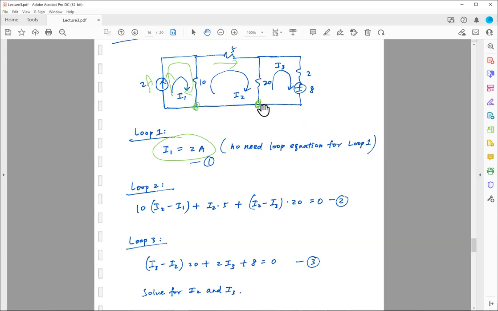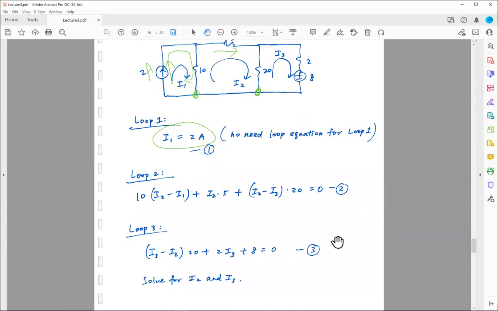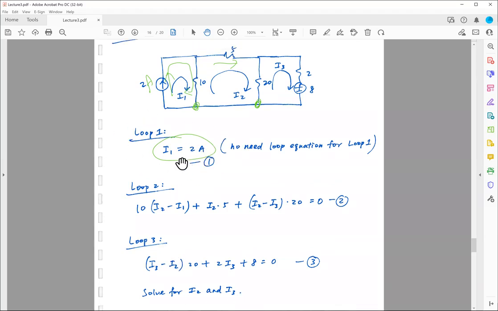So I3 minus I2 times 20 plus 2 times I3 plus 8. Sum all these terms equal to 0. That's my equation number 3. Based on these 3 equations, you can figure out I2 and I3, since I1 is already done by inspection.